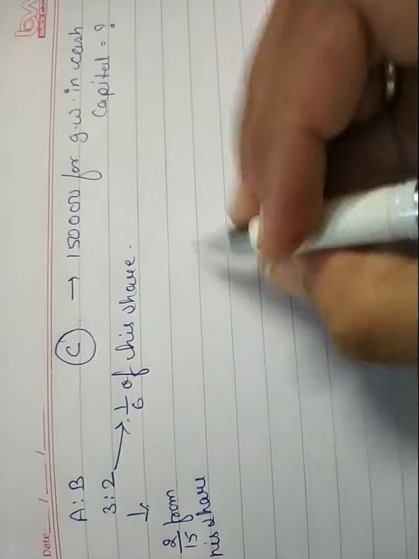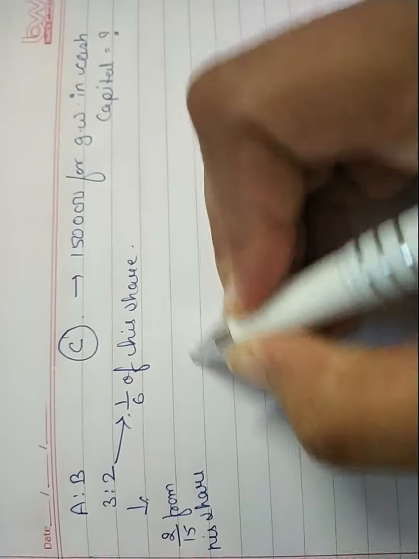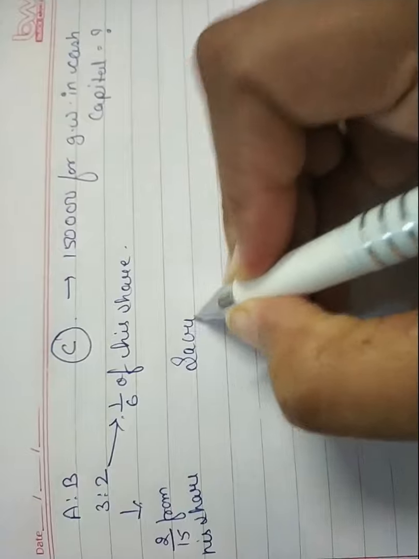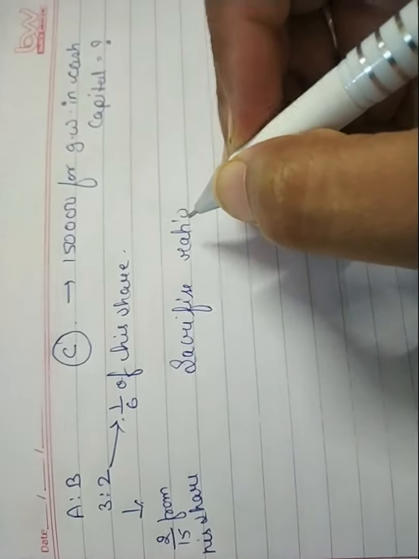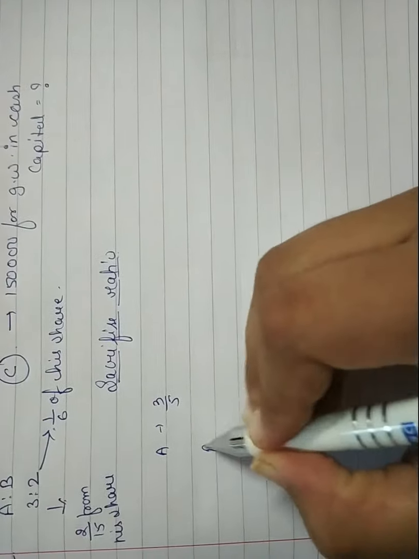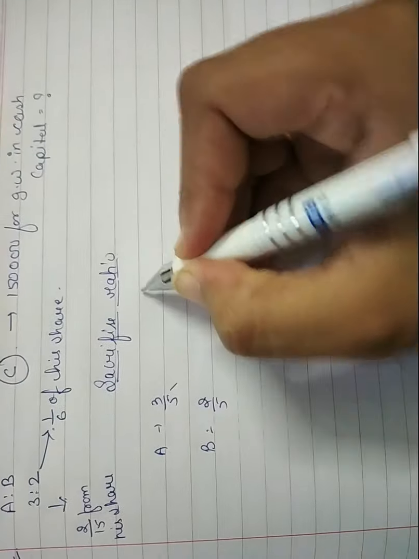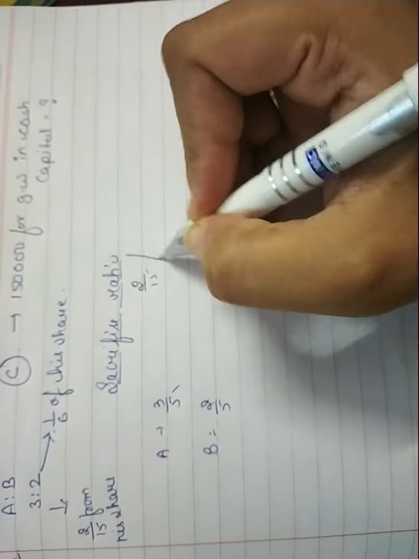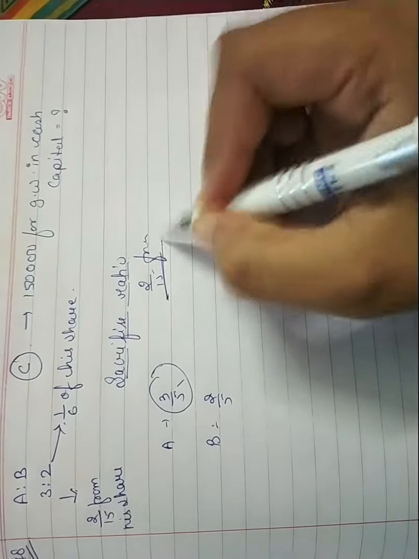So students, first we need to calculate the new profit sharing ratio or the sacrifice ratio. I am calculating the sacrifice ratio first, as we will need it further. A has the ratio 3 by 5 and B 2 by 5. A is sacrificing 2 by 15th from his share, which means it is already a part of his share.